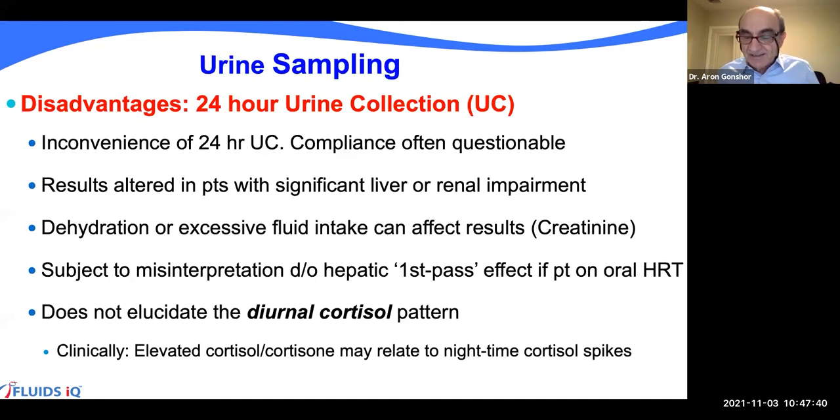It's completely adulterated by the time it gets into the urine. And so you really need to know what has been used as a way of giving that individual the hormone therapy in order to even begin to understand what the results are telling you. And it does not elucidate, I'm talking 24-hour urine, diurnal cortisol patterns.